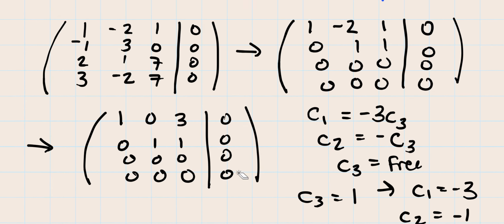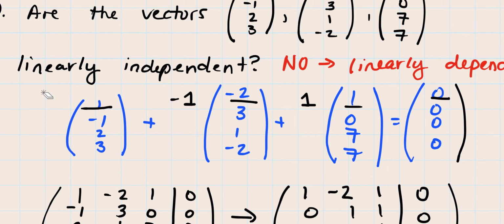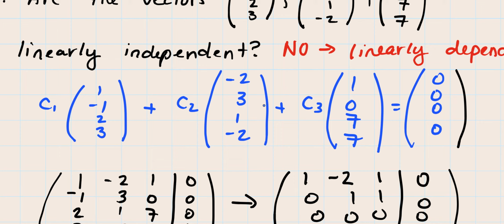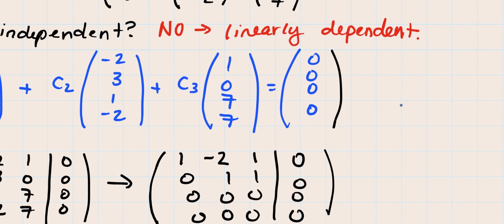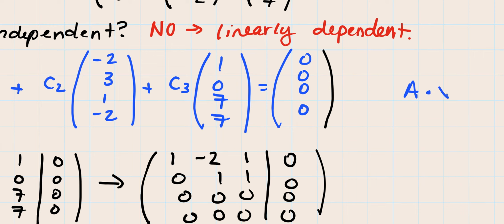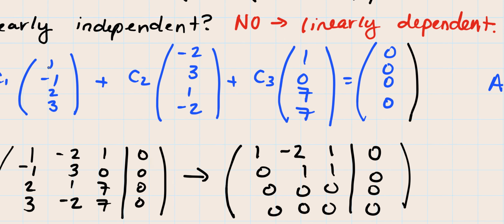You can write one of the vectors as a combination of the other vectors. So I want you to notice also with this problem what I did to solve it. So we had a C1, C2, and a C3. And we noticed that this was a system. And this system, we make a matrix A, and we multiply it by x and get 0. Where this matrix A consists of these vectors here.